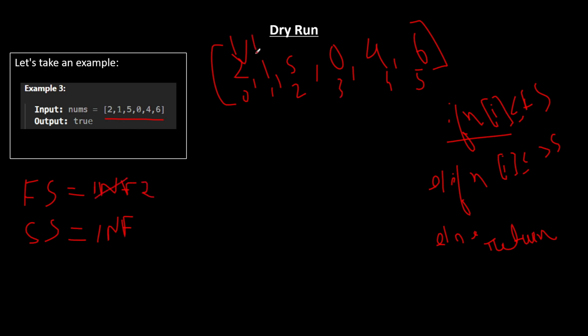Now we come to index 1. Value is 1. Is 1 less than 2? Yes, we will have 1 here. Okay. Now we came to the third index, which is 5, right? Is 5 less than 1?